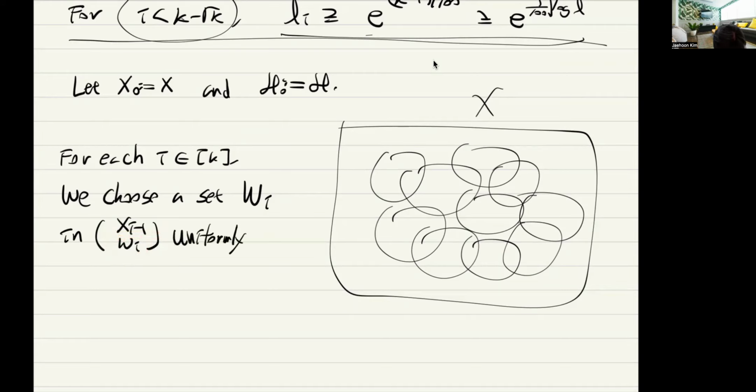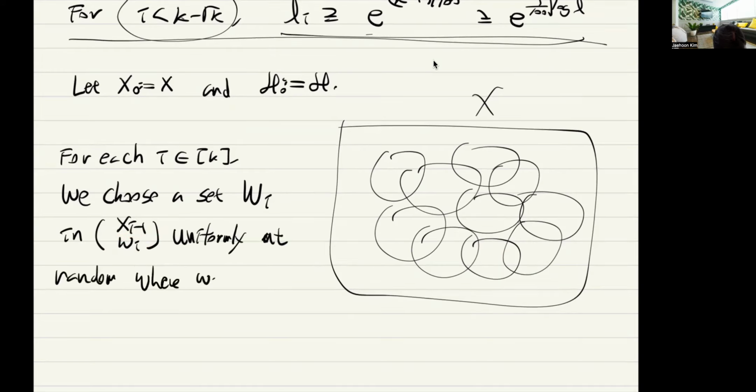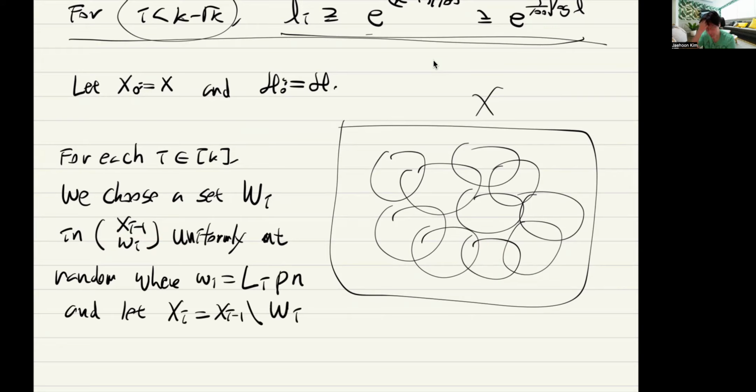We choose it uniformly at random, where this Wi is exactly li times pn, and we let Xi be X(i minus 1) and we delete this.